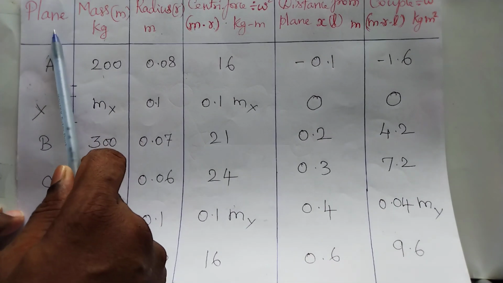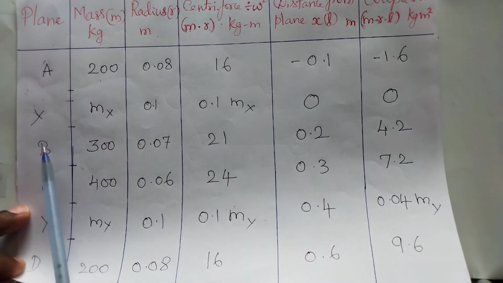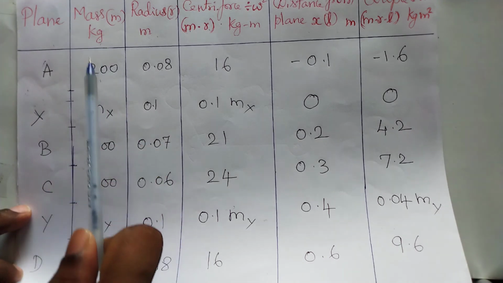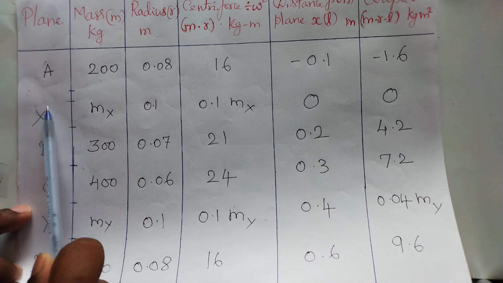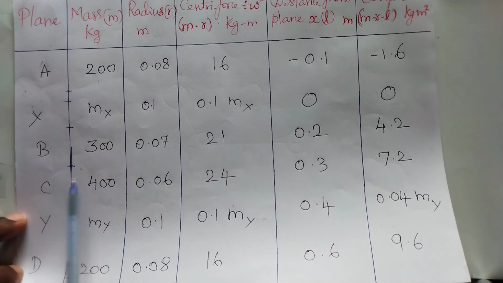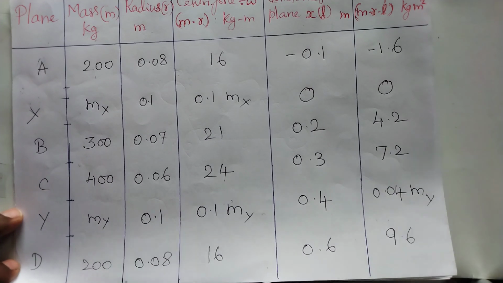The corresponding plane and mass: the planes are A, X, B, C, Y and D. Based on the position of plane, you have to write this. And the mass, we know mass A is 200, and this plane is the balancing plane, so we have assumed it as mX. Then B mass, C mass, and this is Y plane, balancing plane, so I have assumed as mass Y. And D is 200.